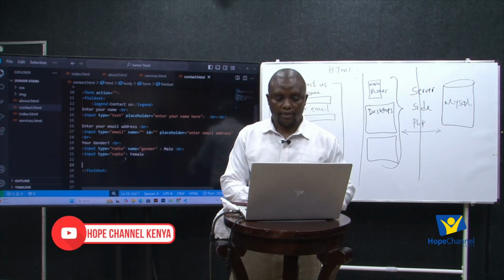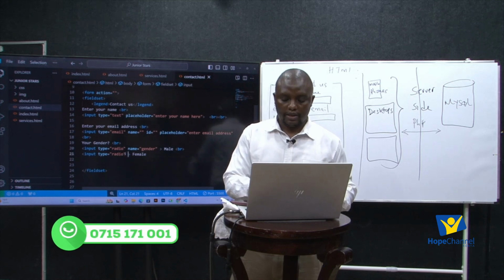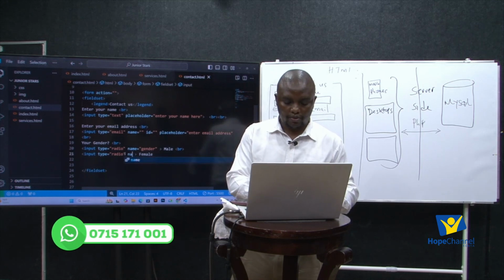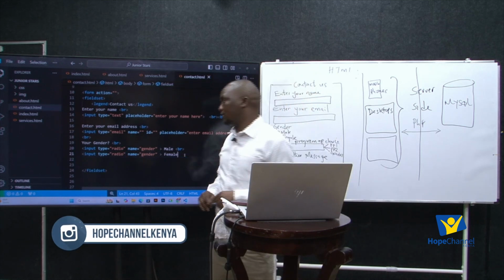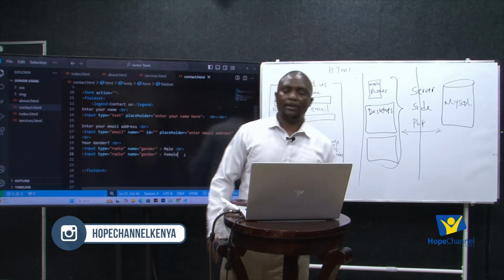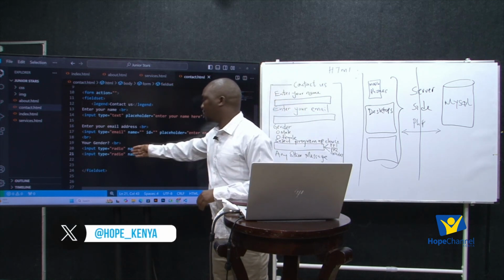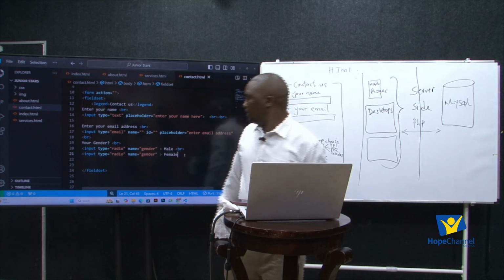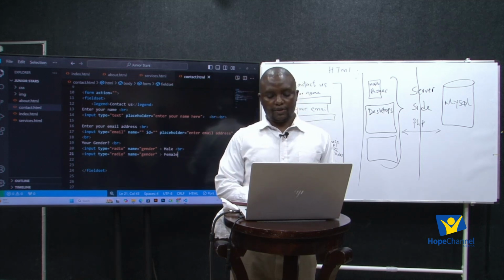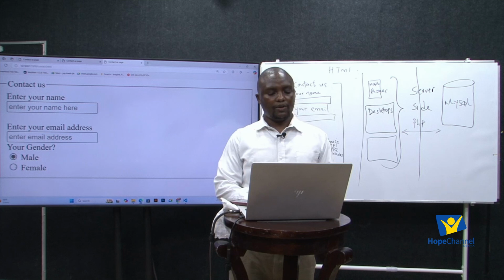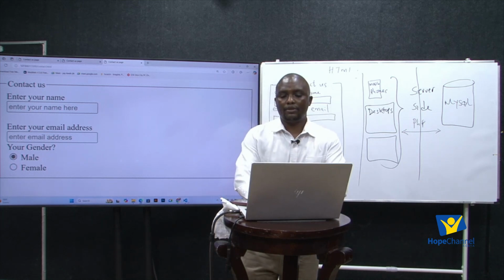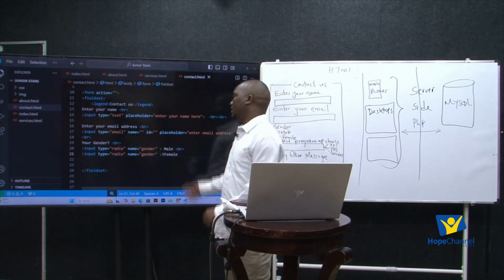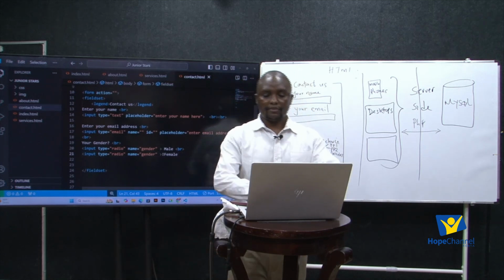And then you come to the second radio button, you create the same name attribute and feed it with the same value. So name equals gender on each of the radio buttons. So if you now check, you realize that automatically you are not able to pick both genders at the same time, because they are sharing the same name attribute.